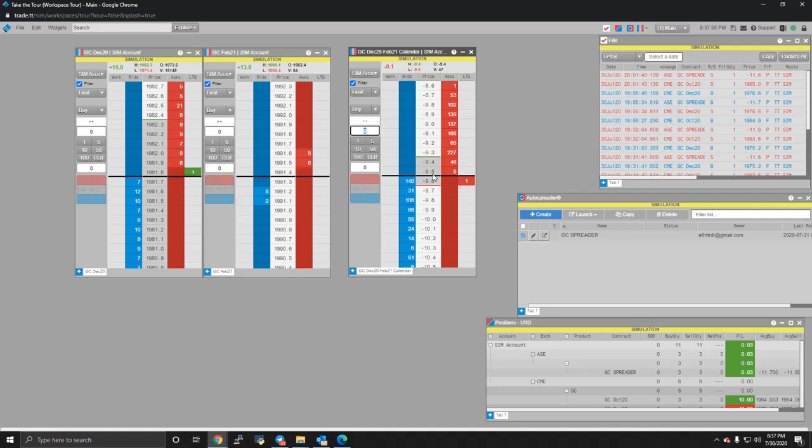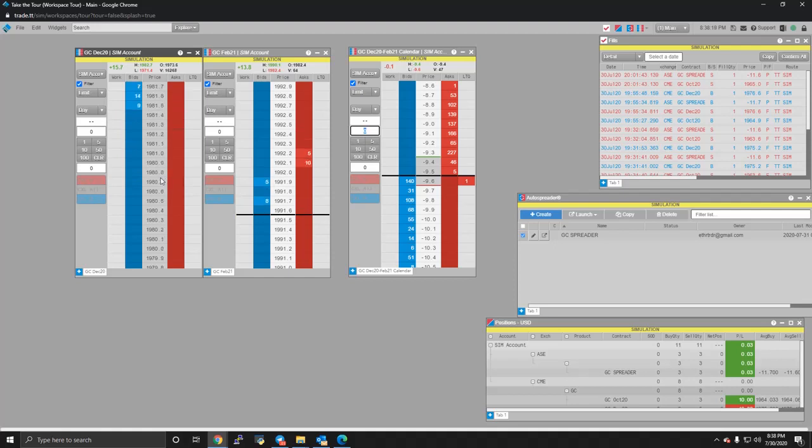And the inverse is true for a widening calendar spread in contango markets. If sellers come in to December or buyers come into February without buyers coming into DEES, the December contract will begin trading lower relative to February.